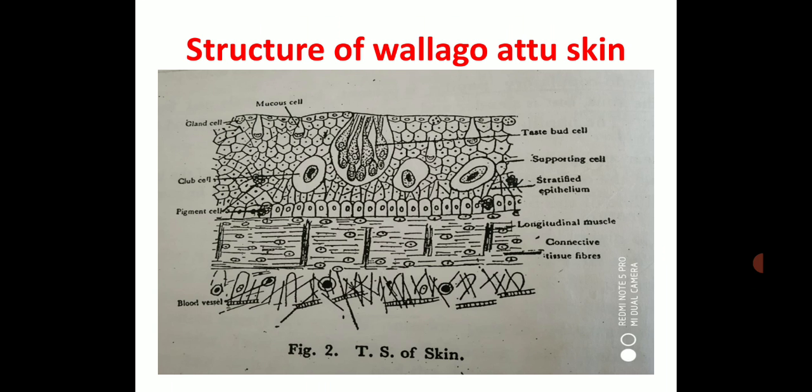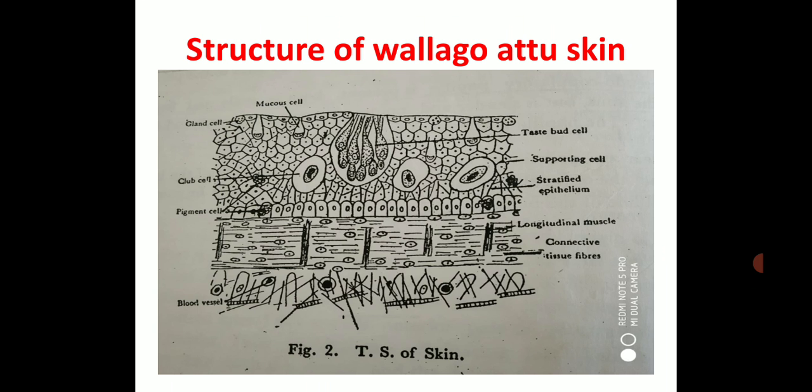In rounded shape there is a club cell. Then the pigment cells are also present here. These pigment cells have the function of producing various colors; these are the pigment cells.